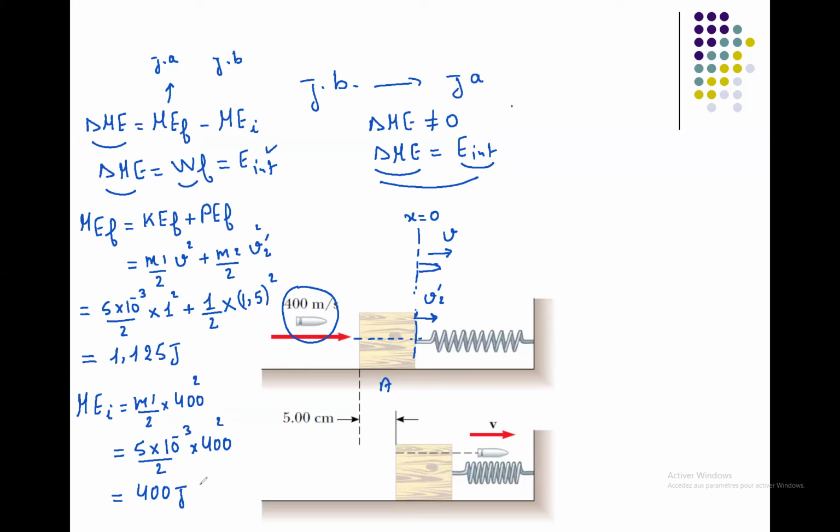As you see, we have a big difference between the mechanical final and mechanical initial.